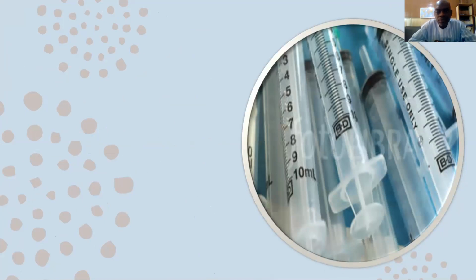There is another image on the screen. Yes, that's a syringe. So what do we use a syringe for in the hospital? What is the instrument used for in the hospital?